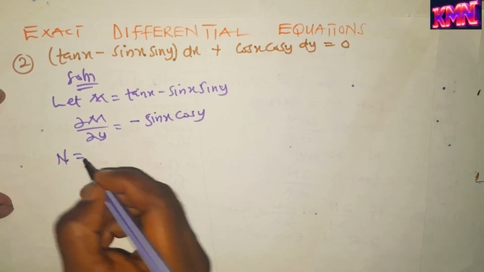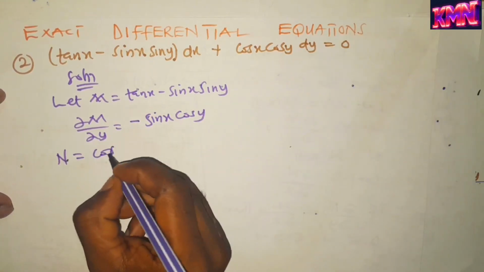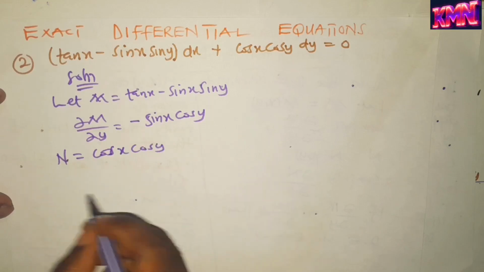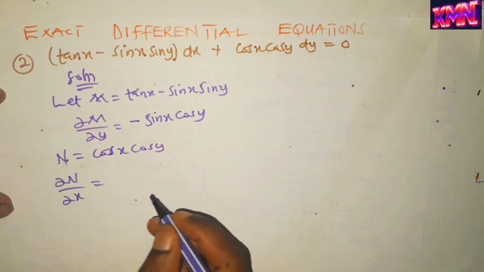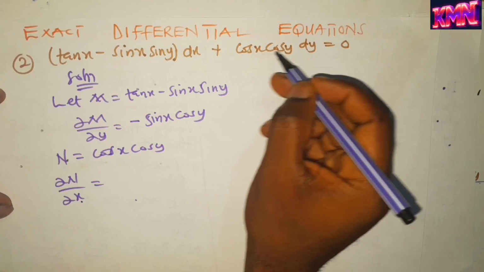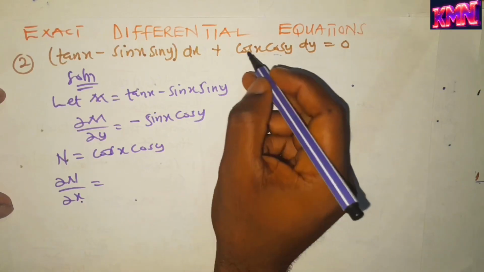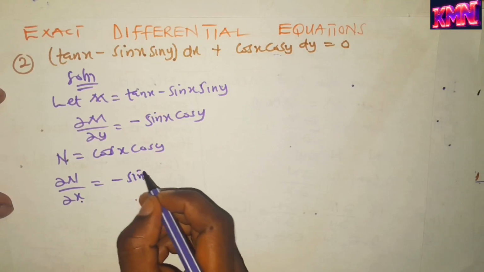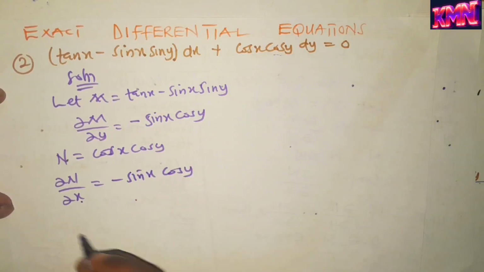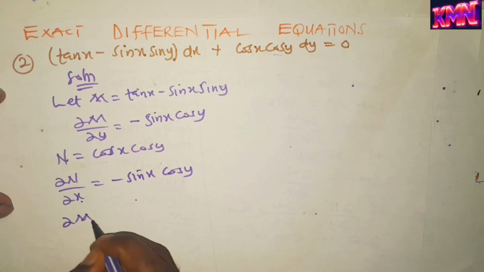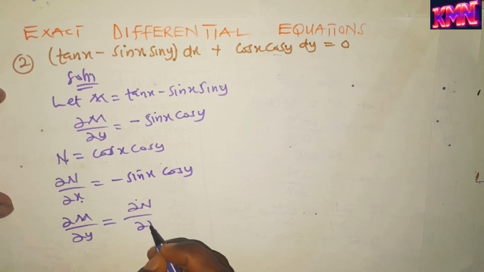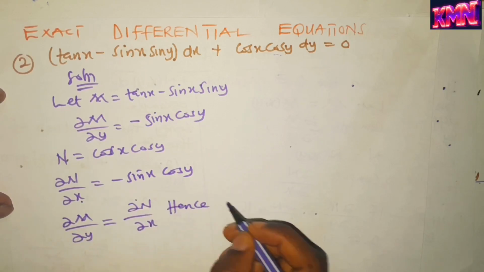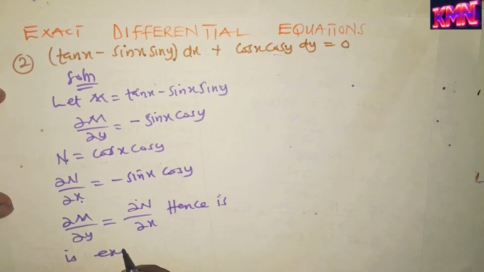Then n is also this side, cos x cos y. Del n del x is also, with respect to x, so this acts as a constant, so we are going to differentiate, and this gives us negative sine x cosine of y. And you can see that del m del y is the same as del n del x, hence it is exact. So we pause here.